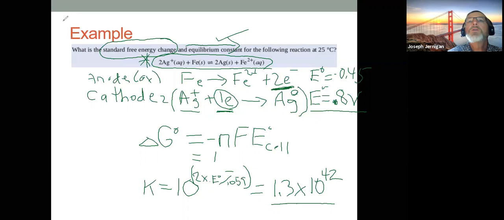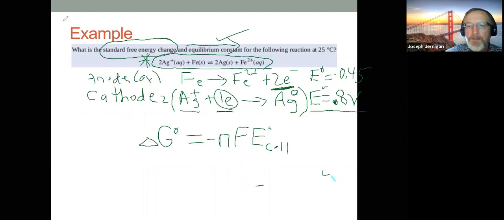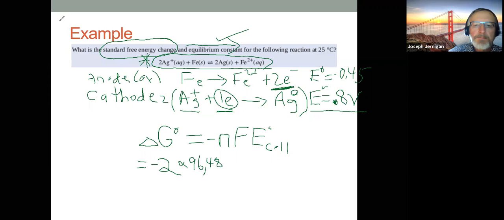That's going to be equal to... let me get rid of some stuff here because I want to make this as clear as I can. We did that number. So again, it's going to be a minus sign, and then n is 2, times 96,487, or 96,485 is what the book uses.